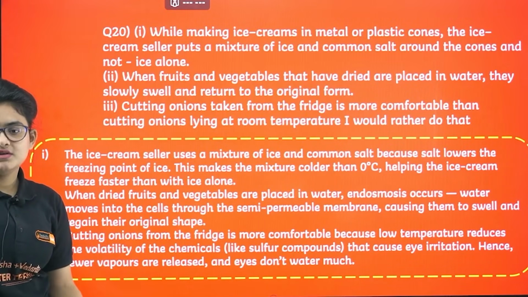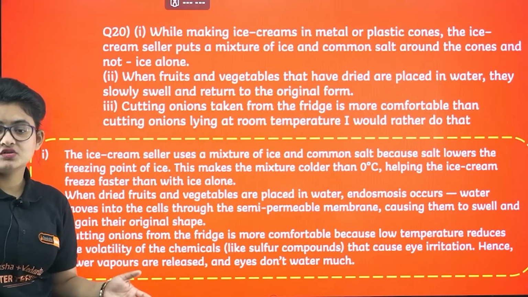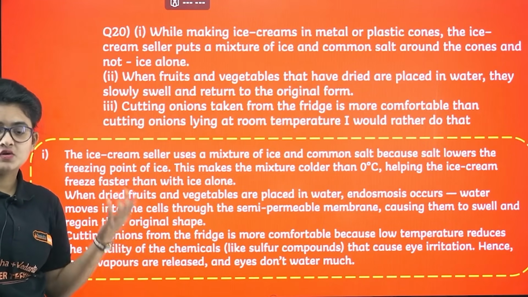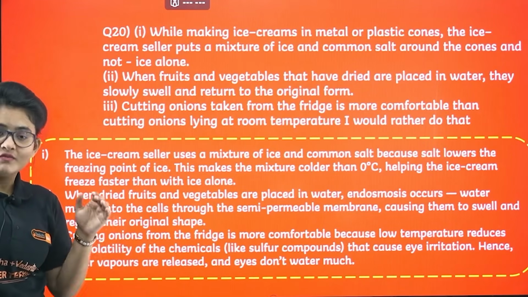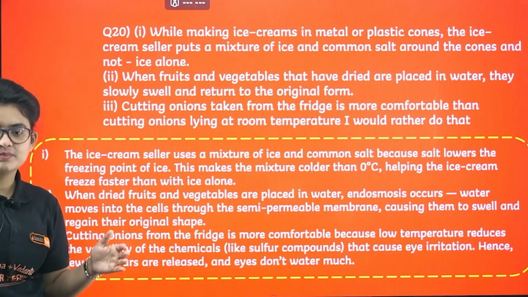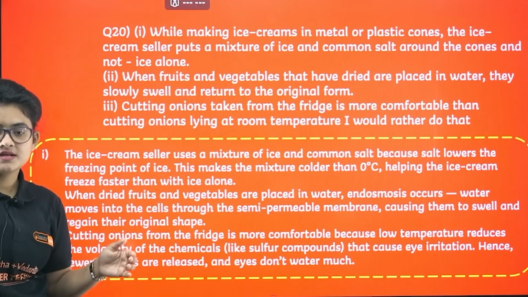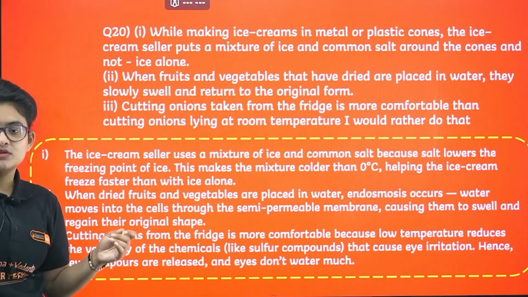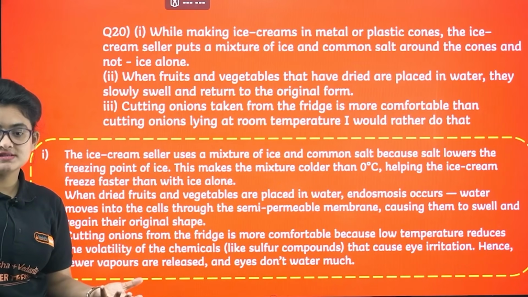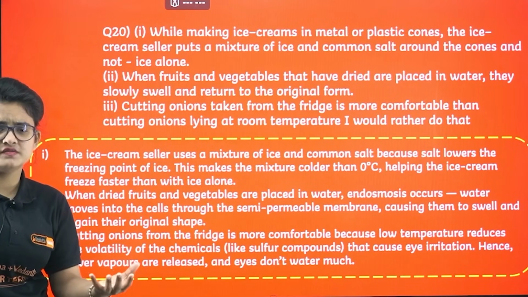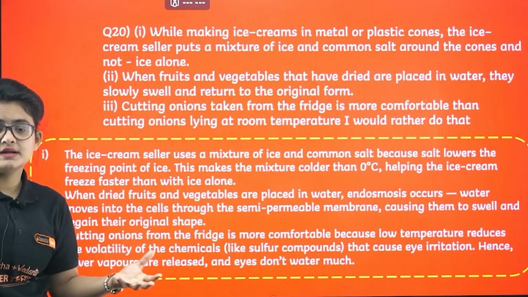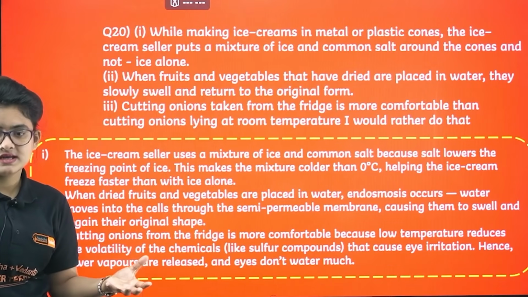Whenever you mix a non-volatile solute, that is salt, the freezing point will decrease, depression of freezing point. As a result, the mixture of salt and ice will be colder than 0 degrees Celsius.